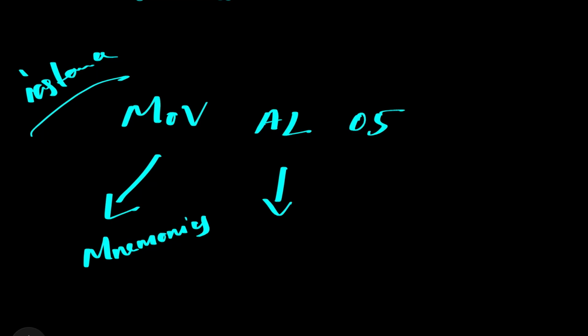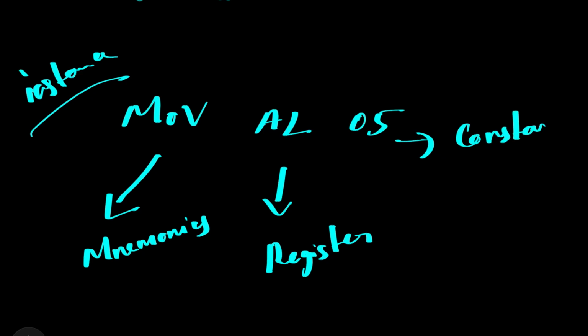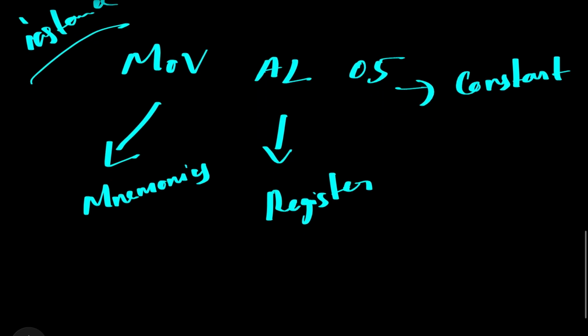And this AL, you're familiar now, is a register, and this 05 is a constant. This is how the assembly language instruction looks. It makes the CPU do a move. Move what?